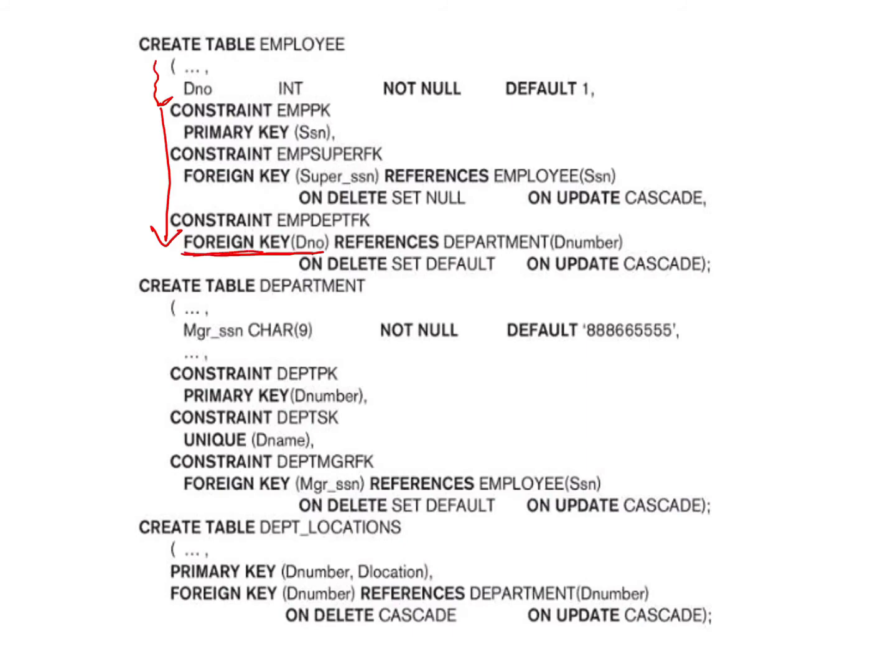So foreign key D number. D number is already created, it is not null, and there is some default value being given here. So it can have a default value. It just mentions default one, but then you have to give that default value depending on what kind of data type. It is integer, so some kind of integer value you have to give. Now go here. It says make that D number a foreign key, and it is referring to department D number.